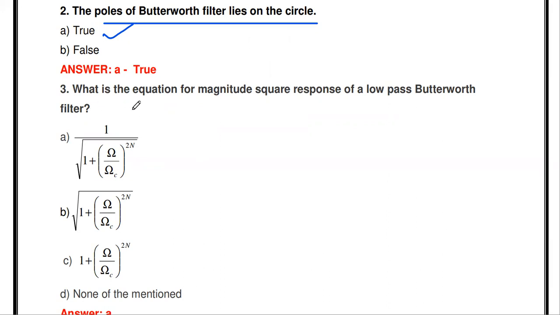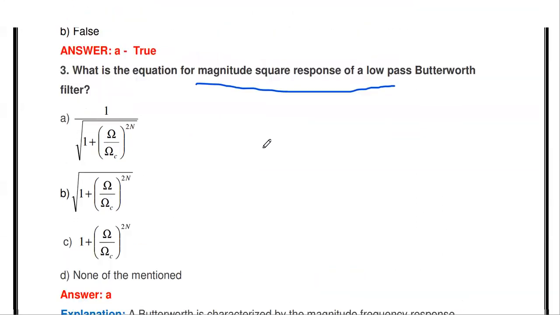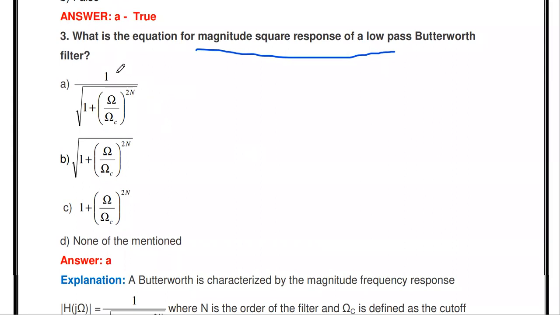The next one: what is the equation of the magnitude square response of the low pass Butterworth filter? It is given by 1 divided by square root of 1 plus omega divided by omega c to the power 2n.